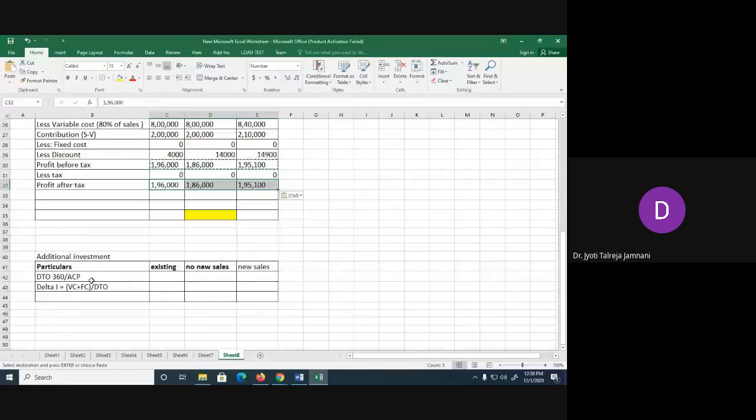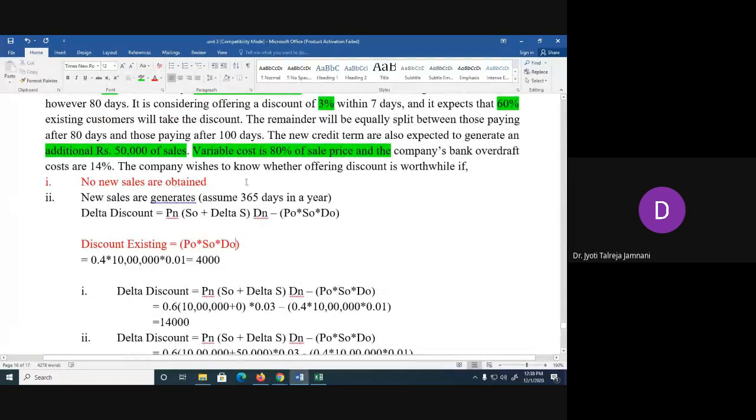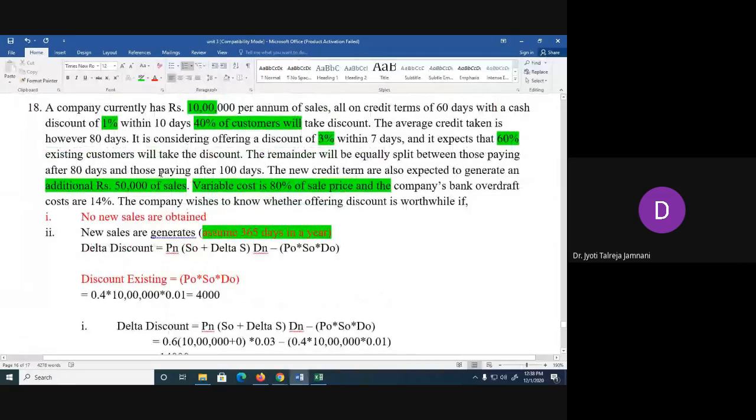Now we'll find the cost of additional investment, for which we need the debtors turnover ratio, and they have asked you to assume 365 days in a year. So I'm taking 365 divided by ACP. Just look at the question, they have specifically mentioned to assume 365 days in a year. In the existing case, the average collection period is 60 days, sorry, the average credit taken here, this we have to take, not the 60 days. Average credit period is 80 days, and for the new we will take 100 days.